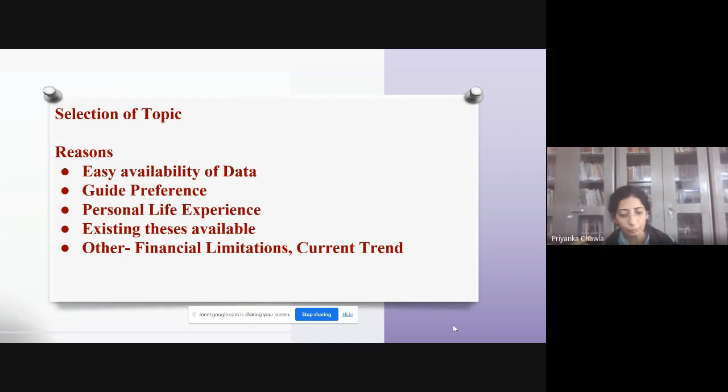Sometimes your guide allots the particular topic. Just because of a guide preference, you select that topic. There are some personal life experiences, existing theses available, some financial constraints. Sometimes family members or friends suggest a topic, and just because of that, you select the topic. But this is biasness. You cannot select the topic on the basis of biasness.